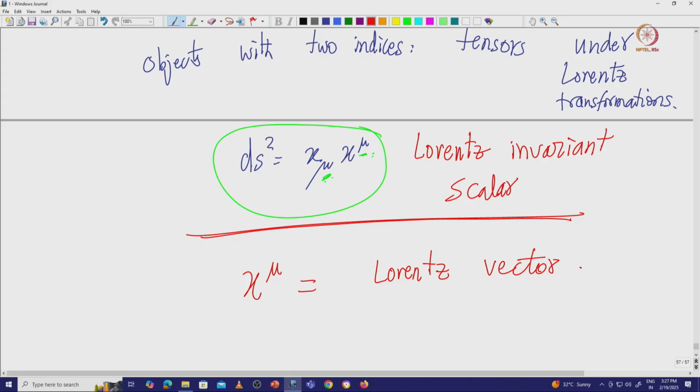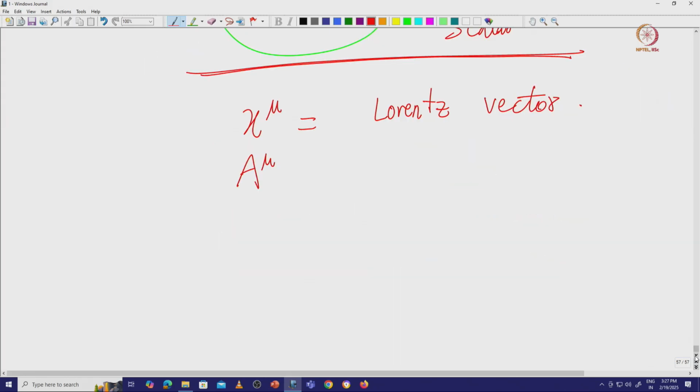Similarly, you have A mu. We will see later on that it has one index and is also called the photon field.